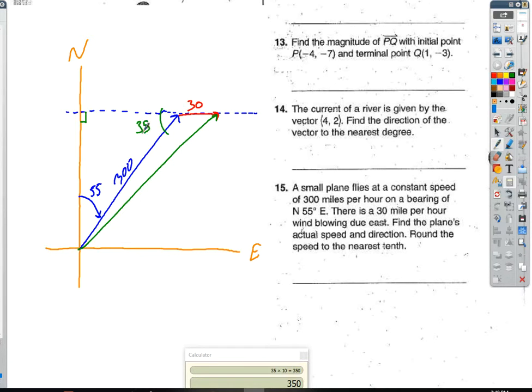Which means that this angle here is 145 degrees because these two together are supplementary. Now I have two side lengths and an angle.